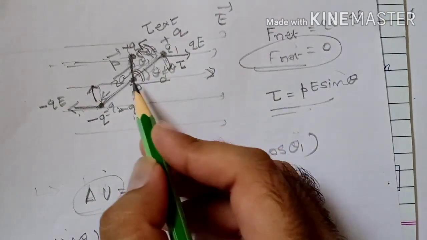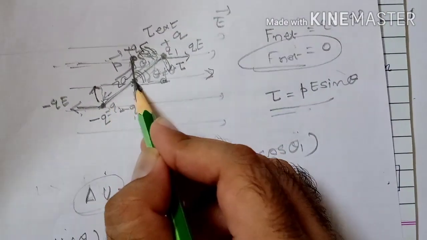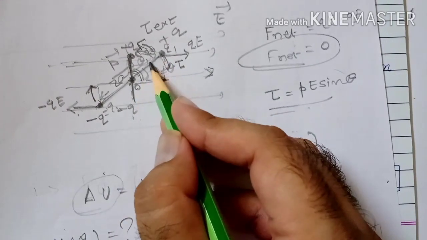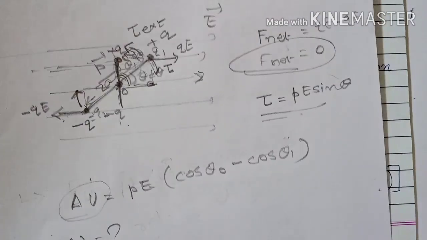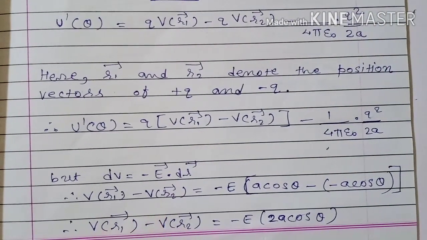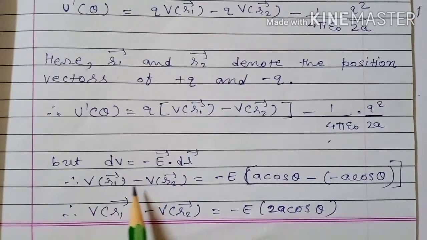From the origin, plus Q is at this distance R1 vector and this is R2 vector. So V(R1 vector) minus V(R2 vector) is the change in potential.